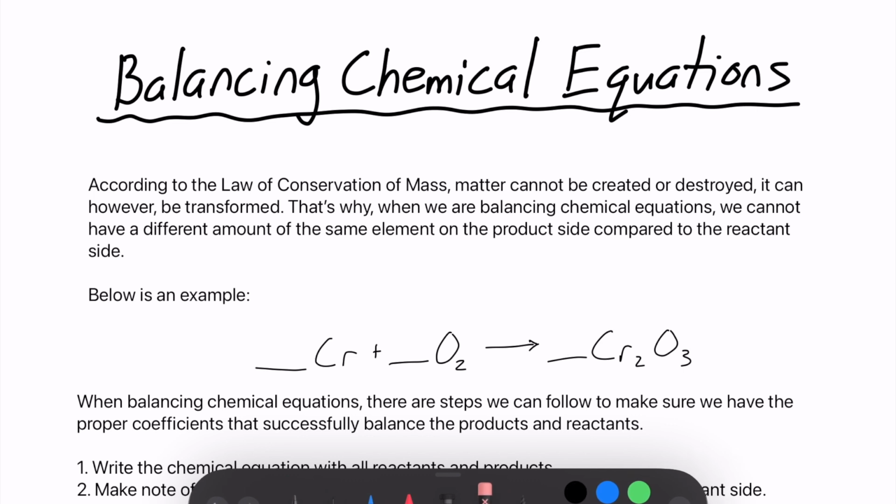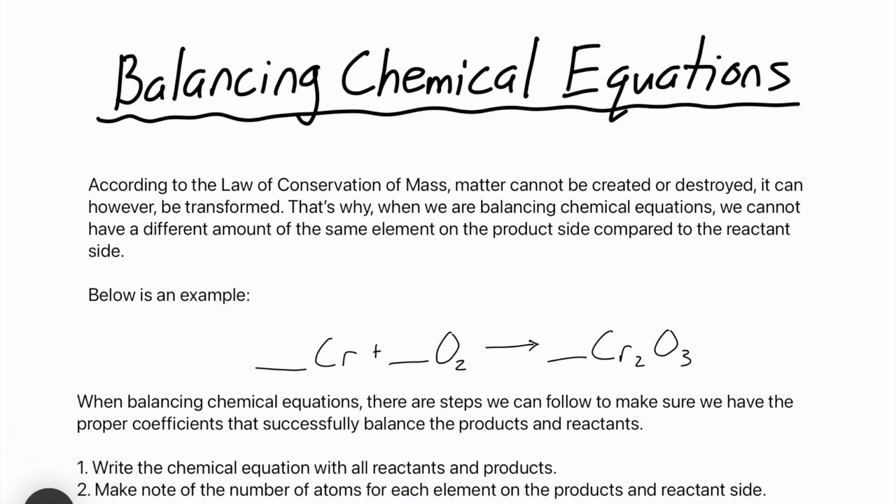Let's go ahead and erase those. And let's try a 2 right here. So 2 multiplied by the two chromium atoms will be 4. So that means we need 4 chromium atoms on the reactant side. And this 2 multiplied by O3 is 6 oxygen atoms, which means we'll need 6 oxygen atoms on the reactant side. So we are now balanced.